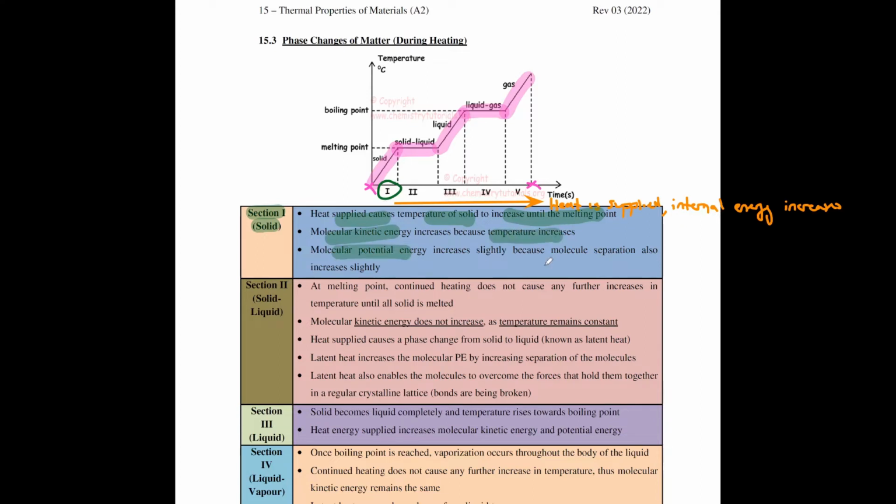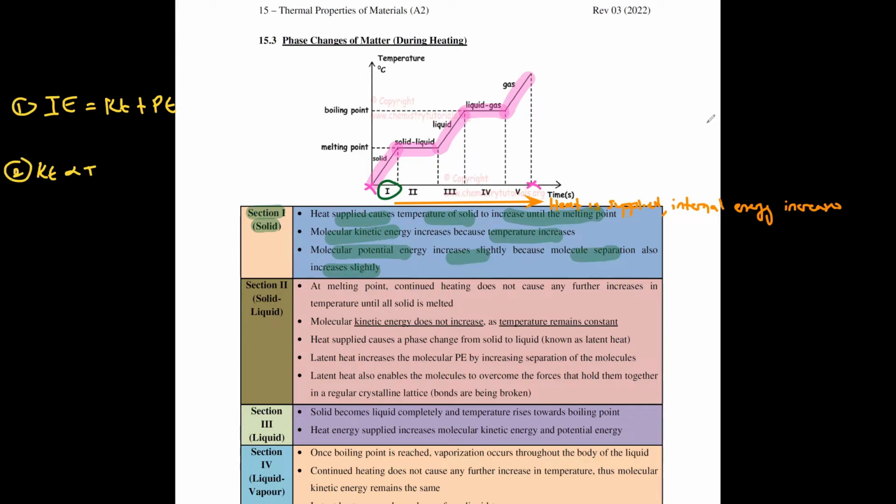Your molecular Pe also increased because molecule separation also increased. If you recall some of the relations that you saw in the previous page, internal energy is equal to Ke plus Pe. And also kinetic energy is proportional to temperature.